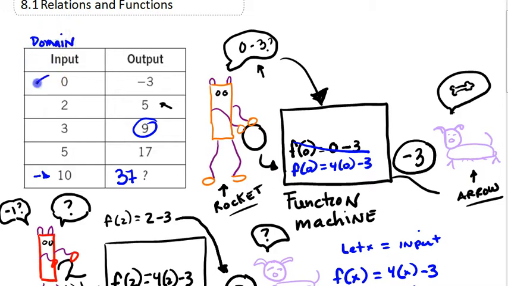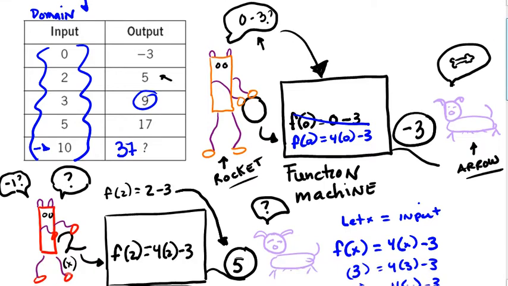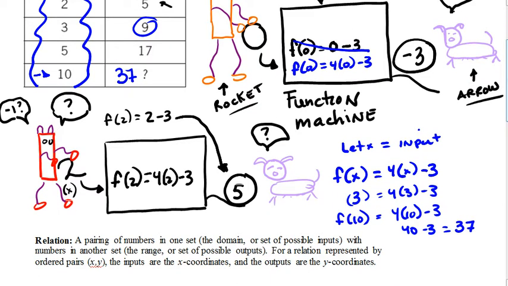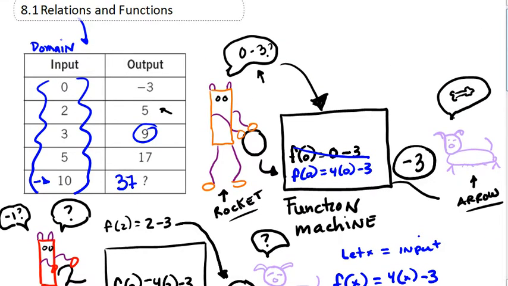So any number in our input column is considered part of the domain for this specific relation. And the range is the set of possible outputs. So that means that the outputs are titled the range. So all of these are the range.